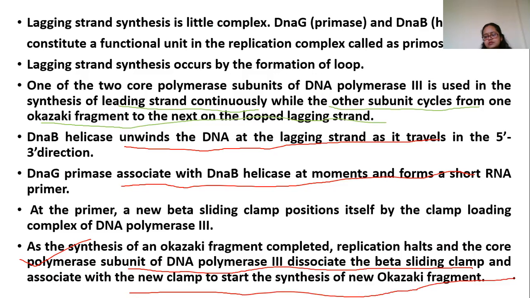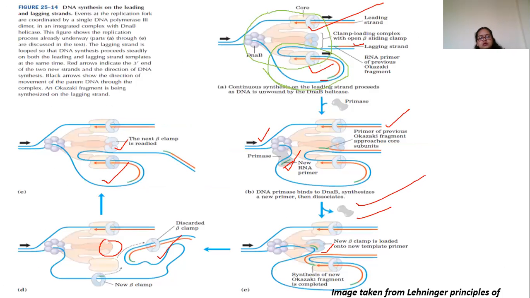So once the Okazaki fragment synthesis is finished here, the older clamp would dissociate and a newer one would be added to the clamp loading complex as well as to the core polymerase in order to synthesize the new strand. So why is there a requirement for new beta clamps?